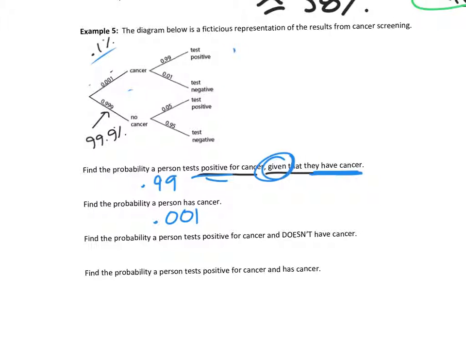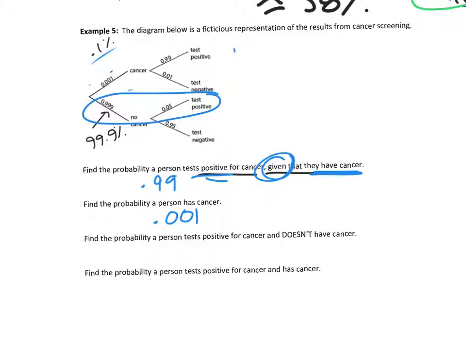And then the next one, find the probability a person tests positive for cancer and does not have cancer. That's a scary situation where you go to the doctor and they say you have cancer, but you actually don't have cancer. So no cancer, test positive.